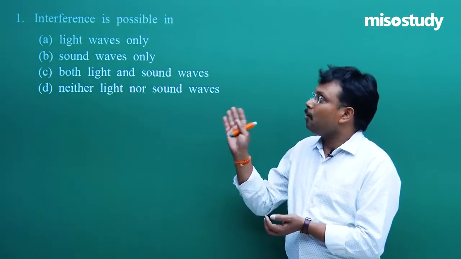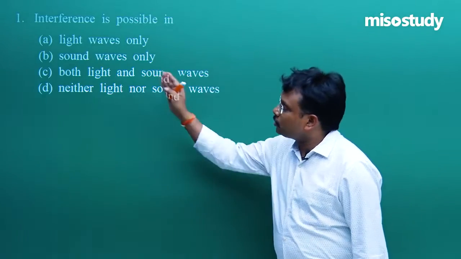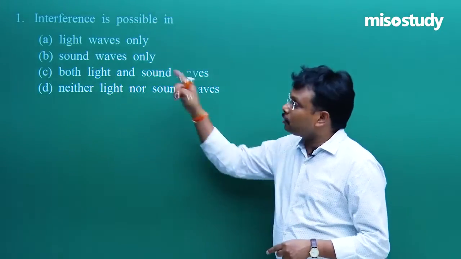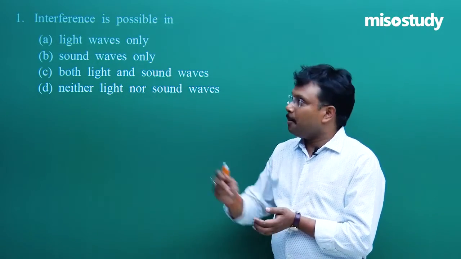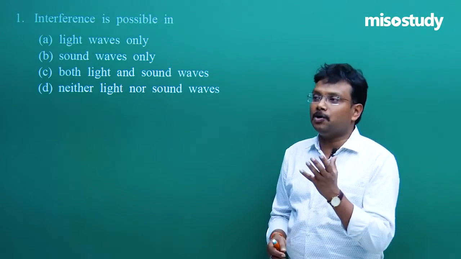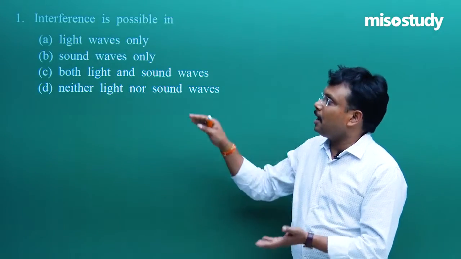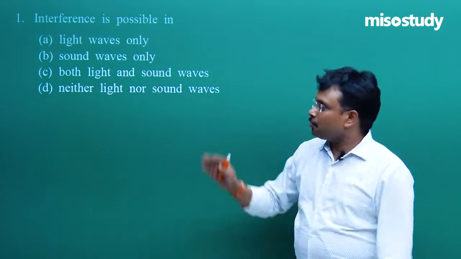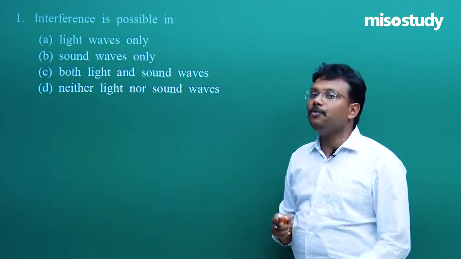So interference is something which is not only possible in electromagnetic or transverse waves, not only possible in longitudinal mechanical waves, sound waves, but interference, diffraction and reflection, all these concepts are applicable for any type of waves. So the correct option is C, both light and sound waves.